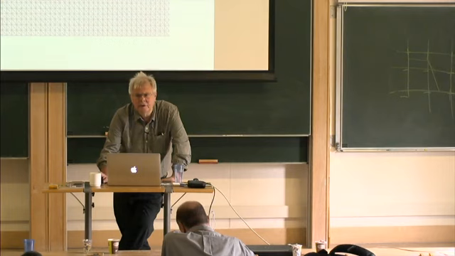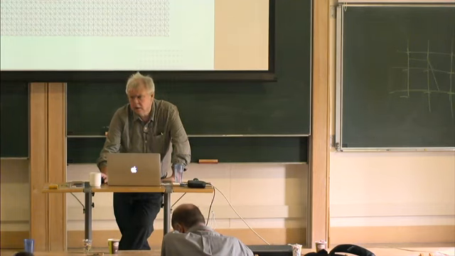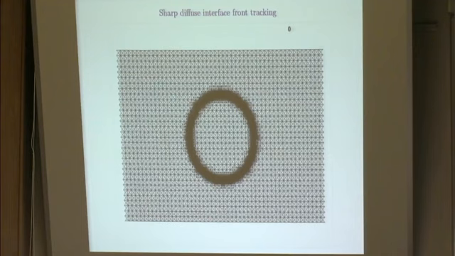Underlying this is the notion that you'd like to solve the problem on a fixed mesh. But because you want to solve bulk equations here and here, you want to solve the Navier-Stokes equations here and here. This is a cartoon. This is not the mesh that we used in the simulation. It's just exaggerated to show the kind of thing that one does.